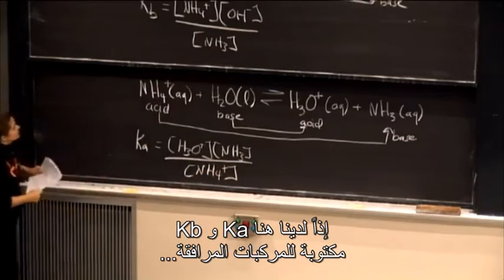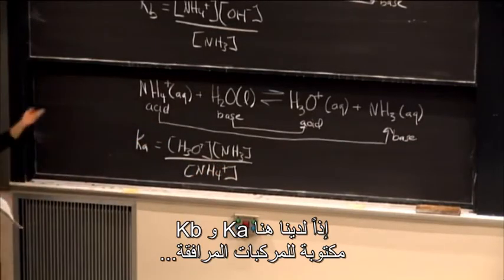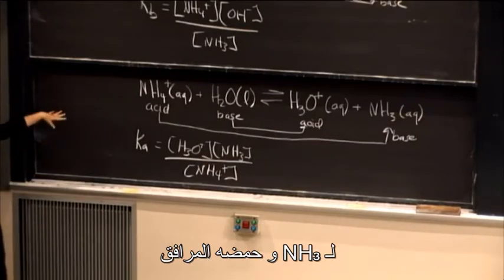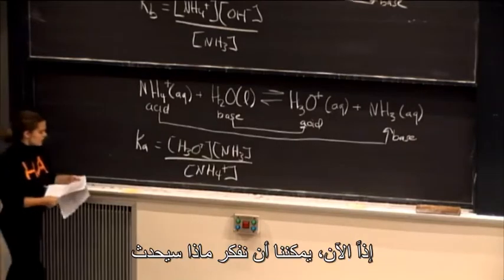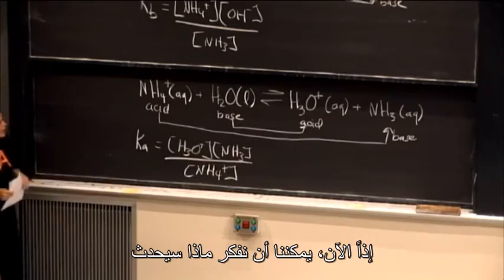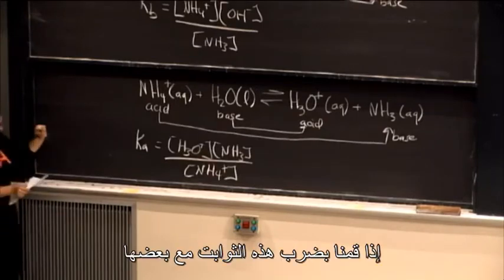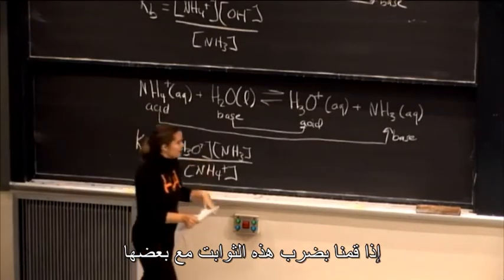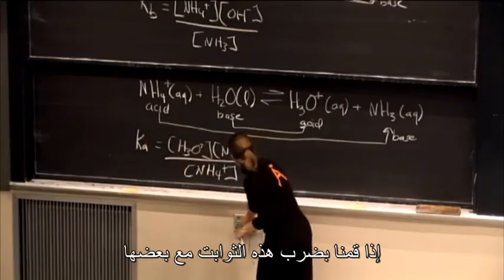So now we have Kas and Kbs written for the conjugate acid of NH3 and NH3 itself.